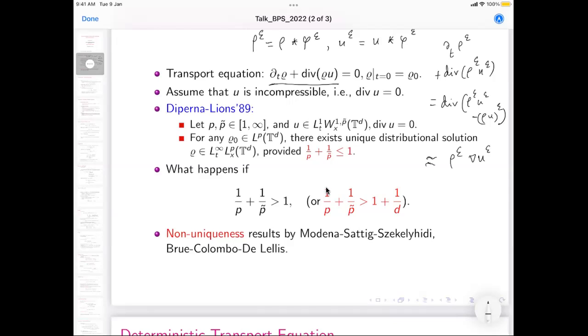These are sign-changing solutions, so rho can change sign. I'll be giving more details, but just to differentiate these two types of results, here rho can change sign, but here you can say that rho is non-negative.